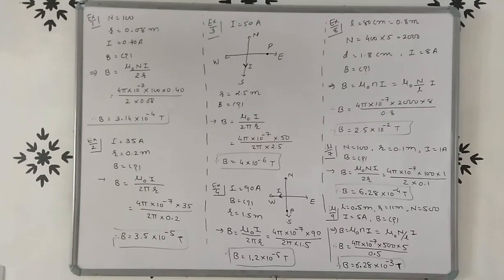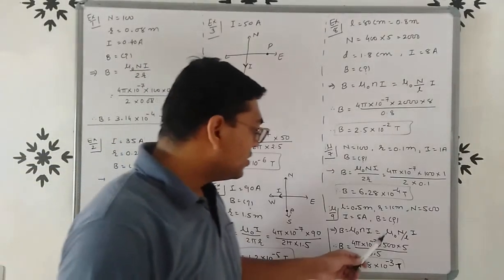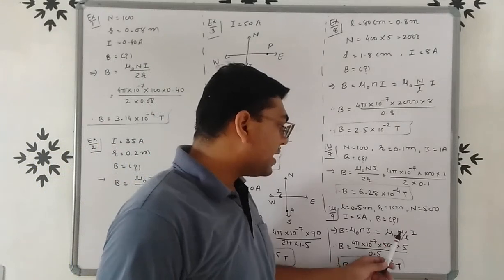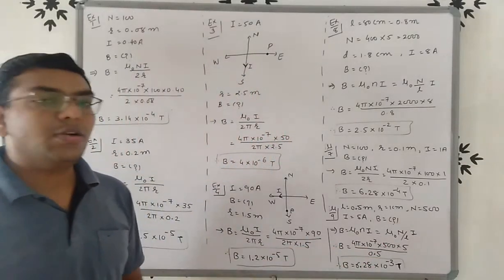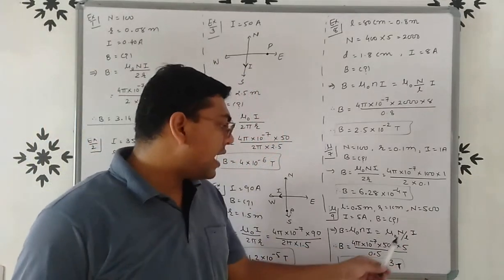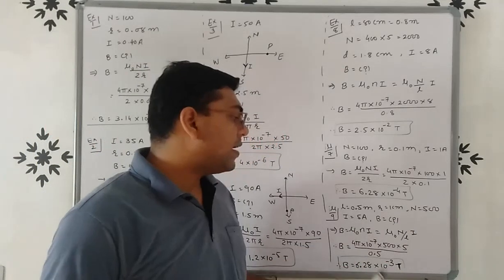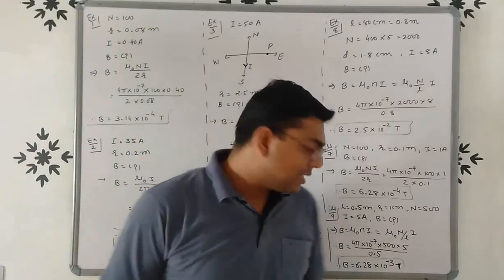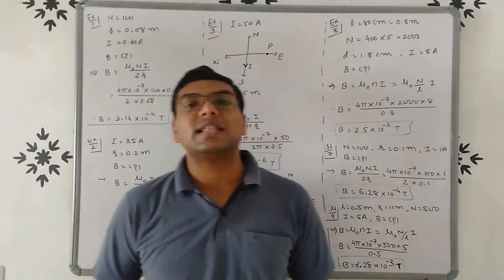So B equals mu 0 capital N upon L into I. Mu 0 is 4 pi into 10 raised to minus 7, N is 500, I is 5, upon length 0.5. So we get B equals 6.28 into 10 raised to minus 3 Tesla, right?